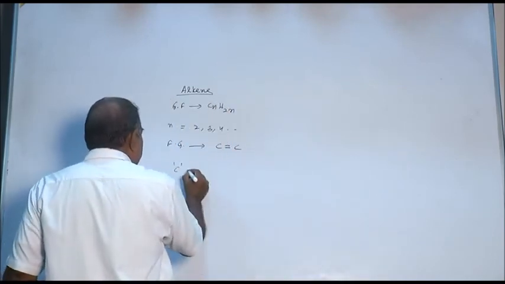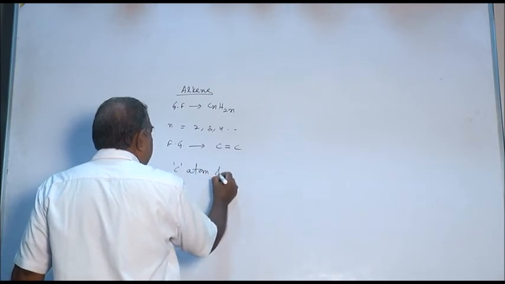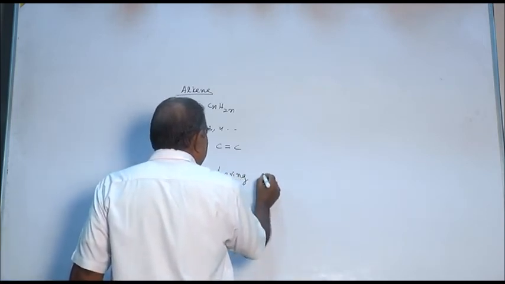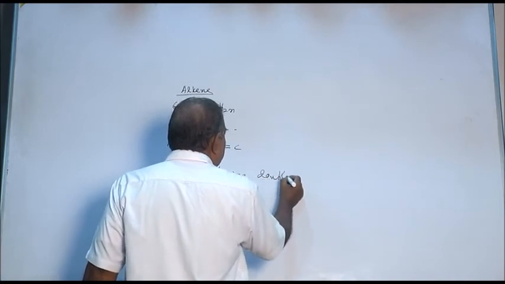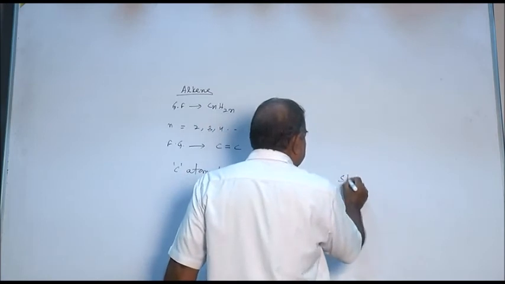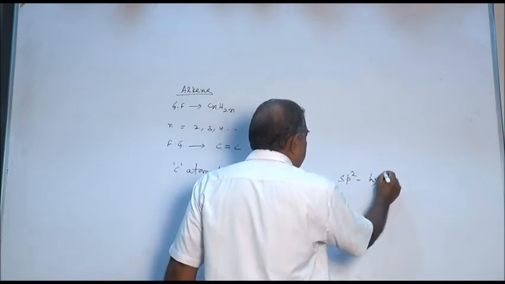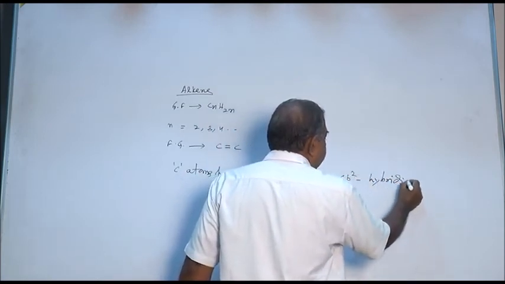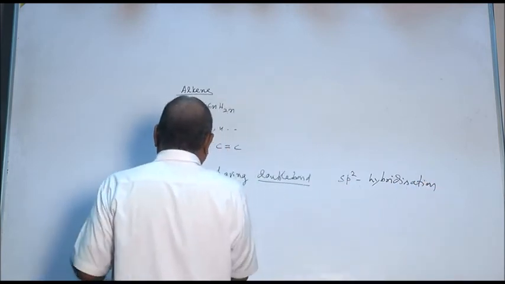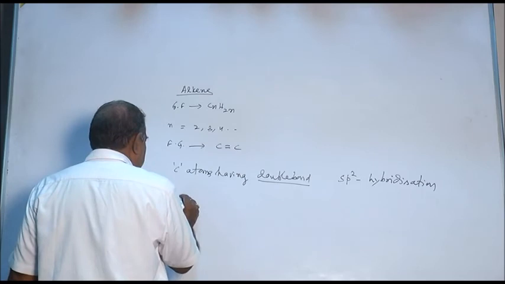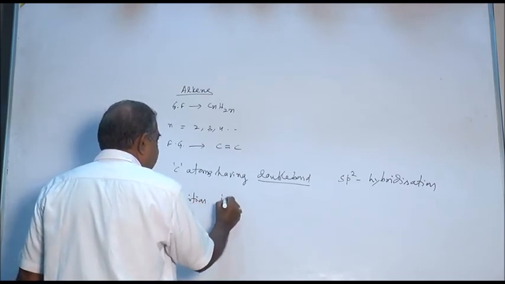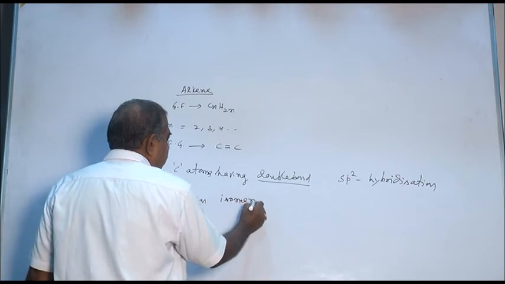The carbon atoms having double bond, not the other ones, undergo sp2 hybridization, and it usually exhibits position isomerism.